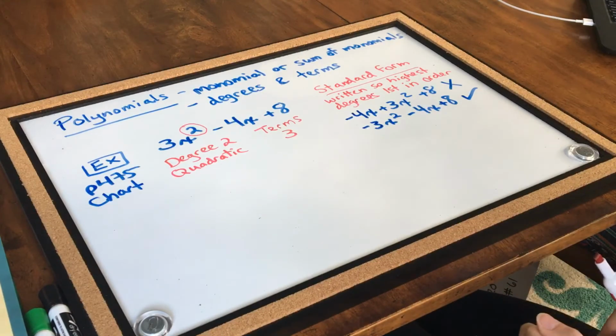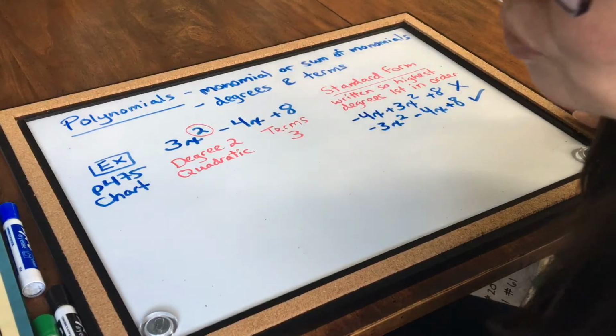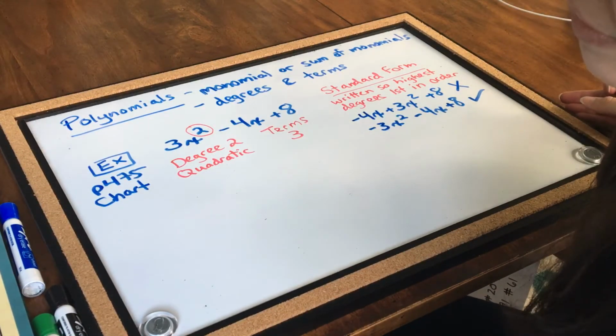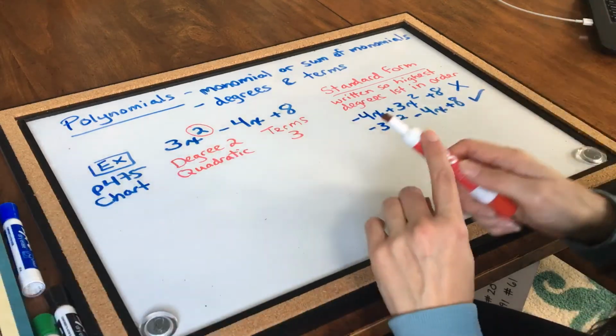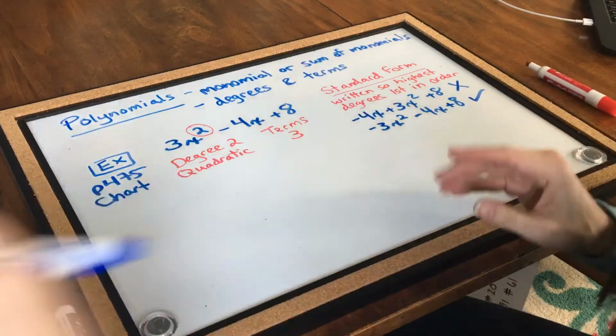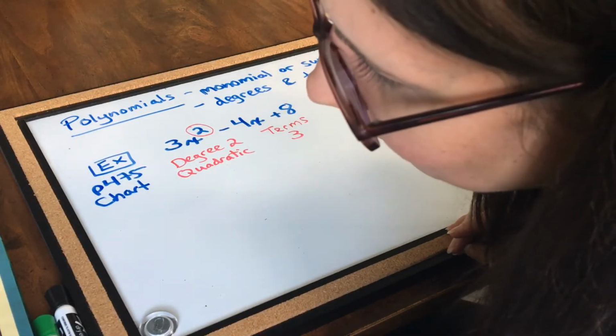All right, so let's get on to our problem that is going to be our got it check. In this case, we're going to look at an example that involves combining like terms. I'm going to look at the example on top of page 475.